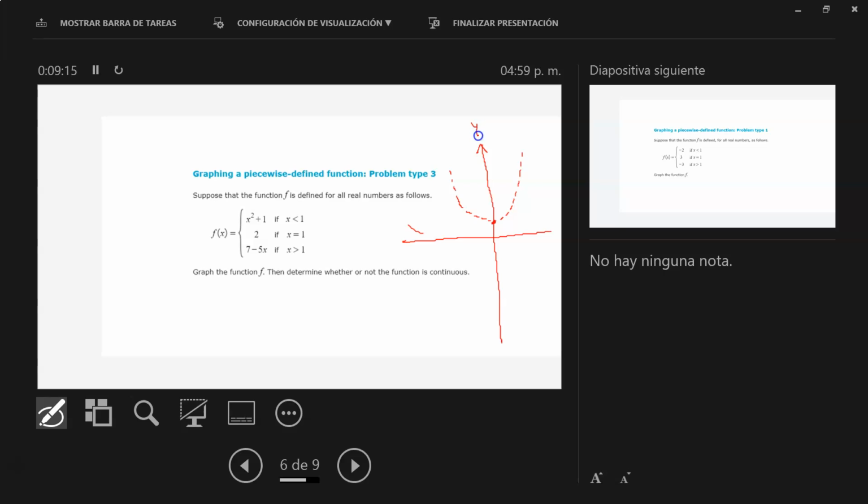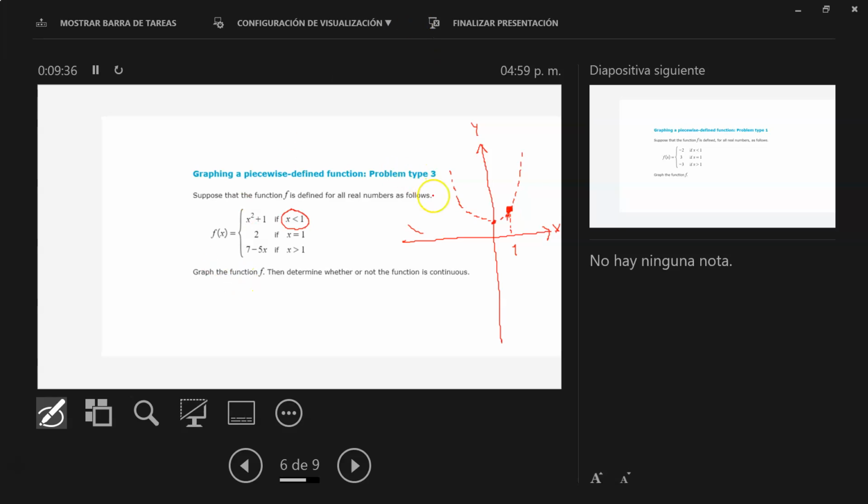And this parabola that opens upwards and has its vertex at (0, 1) will only be useful for the x values that are less than 1. So let's say this is number 1.